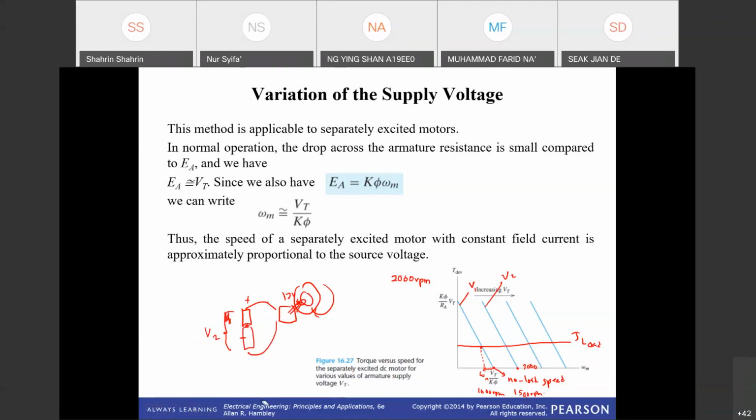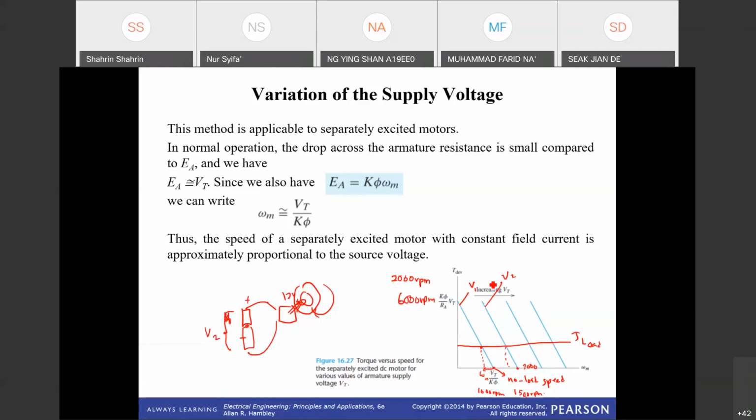Based on the intersection, maybe your motor will operate at 2000 RPM and so on. If we want to increase further to 6000 RPM, you need to increase the voltage supply further, so that you have a different characteristic and make the rotor operate at higher speed.